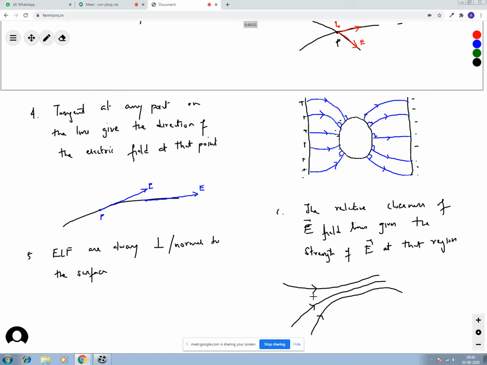In this region, electric field lines are so close, and in this region, electric field lines are so far. So this is the weak region, and this is the strong region.